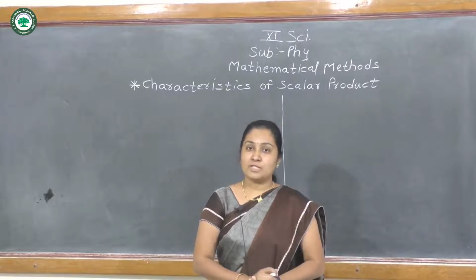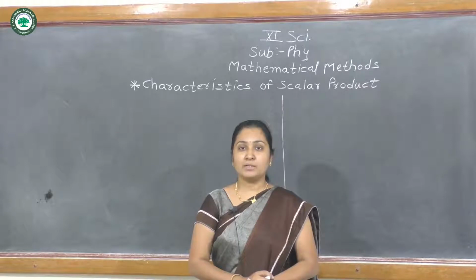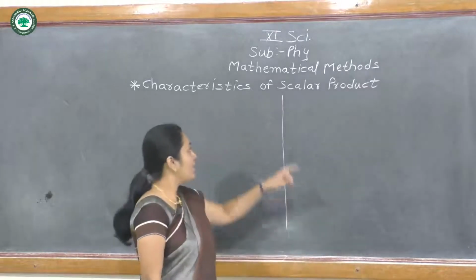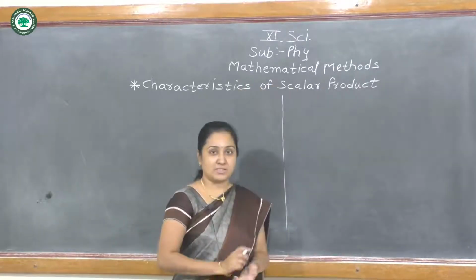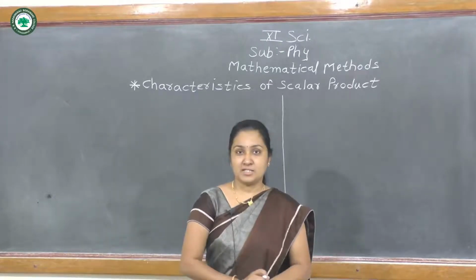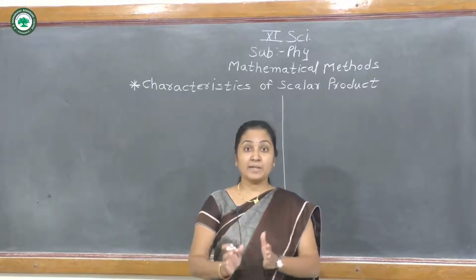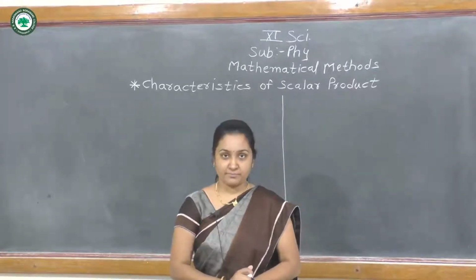We are going to study here 11 Science Physics chapter number 2, that is Mathematical Methods. Now in this chapter, in the last lecture, we have studied about the multiplication of vectors.